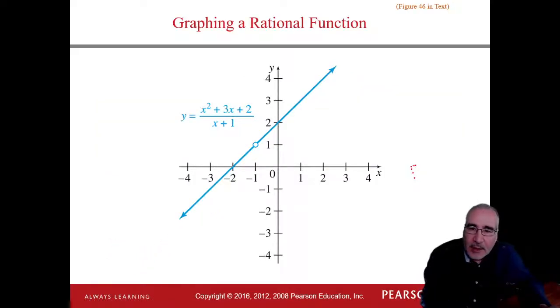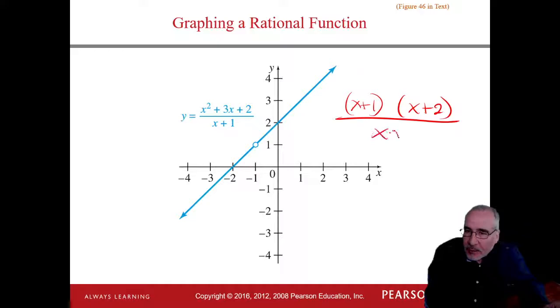And then there's this one thing, there's a couple questions in there. We looked at this x plus 1, so if you put in -1, the denominator would become 0. So we would think there'd be an asymptote there, but if you factor the top, you get x plus 1 times x plus 2 over x plus 1. So you've got the same factor.